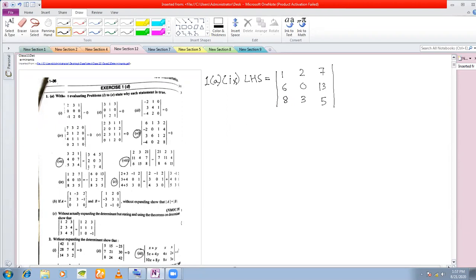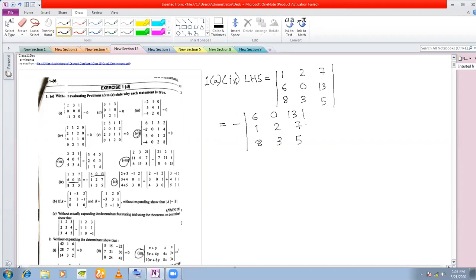What you need to prove, what you see here is that you have a negative sign, and you have 6, 0, 13. So if you see, these two rows are the same here, right? That means we will have to interchange the first and the second row. So let's do it first. It is equal to minus, interchanging the first and the second row. So the second row will become my first row, the first row will become my second row, and this row will remain as it is.